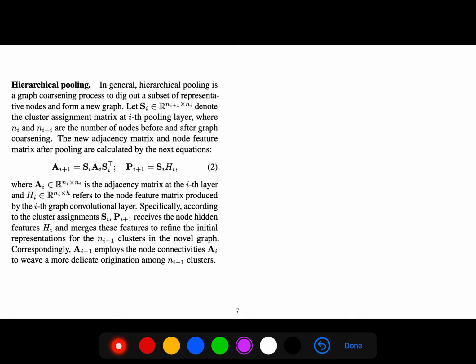According to this cluster assignment, P sub i plus 1 receives the node hidden feature H sub i and merges these features to refine the initial representation for n sub i plus 1 clusters in the novel graph.